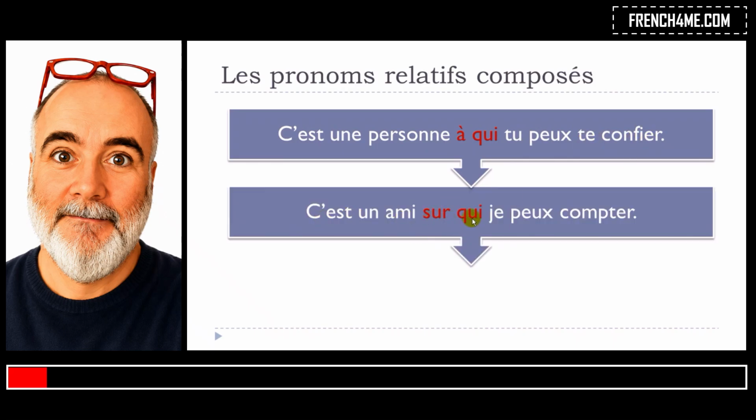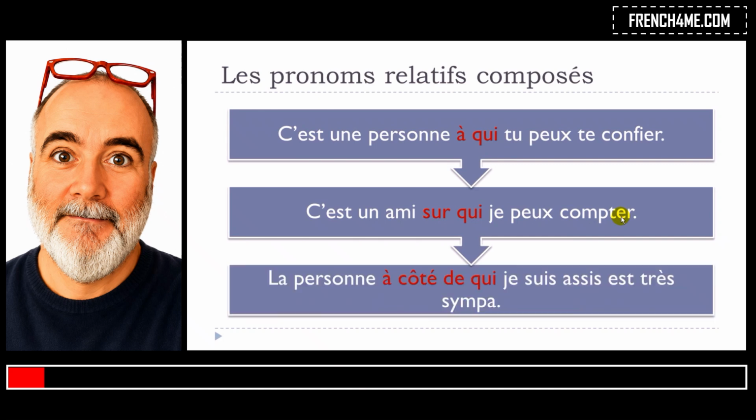C'est un ami sur qui je peux compter. La personne à côté de qui je suis assis est très sympa. That's actually quite simple and it's good news. So if this pronom relatif composé replaces a person, then don't use lequel or laquelle, but use qui with the preposition: à qui, sur qui, à côté de qui. So this is good news, no?